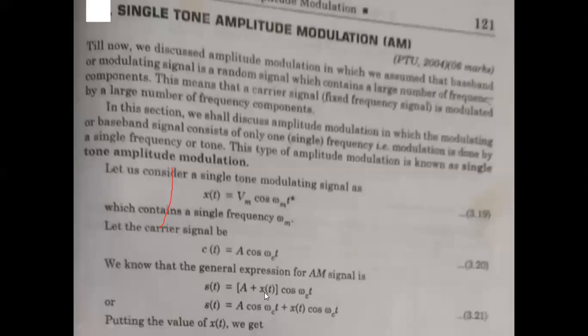Now, when you expand this, s of t is A cos omega c t plus x of t cos omega c t. This is the amplitude modulated signal. What happens is x of t cos omega c t is the translated signal, plus A cos omega c t is the carrier signal.